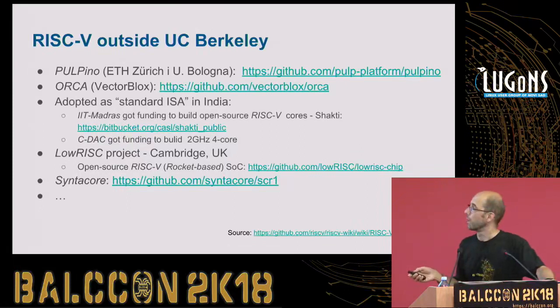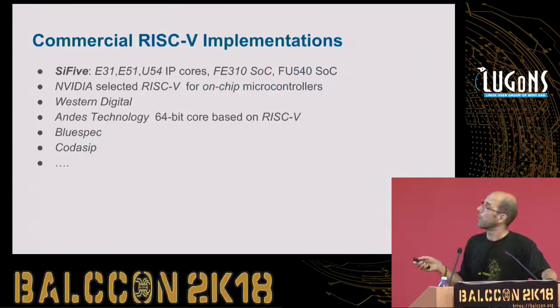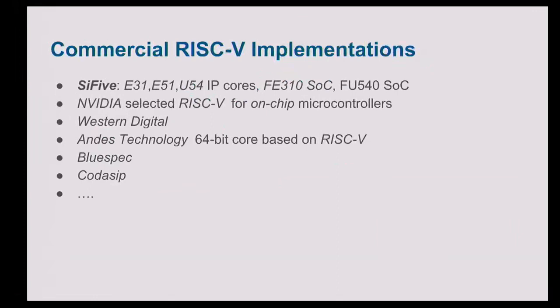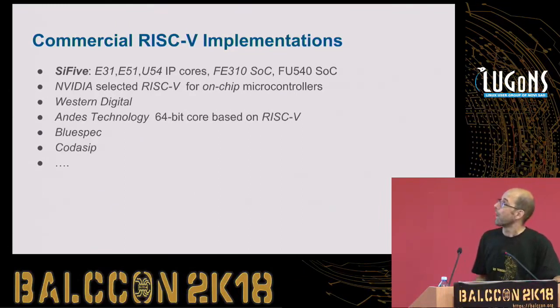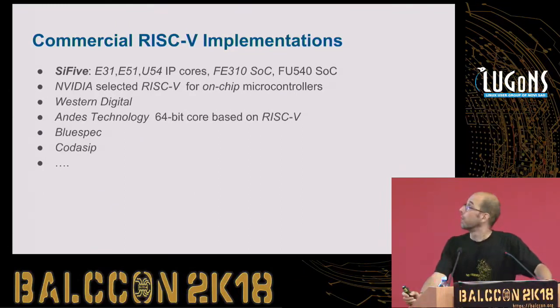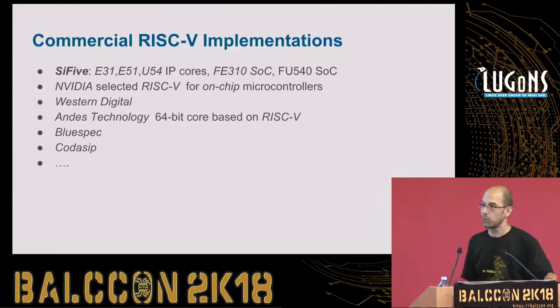And many others. Of course, there are many commercial cores already. Most of them were designed by SiFive. SiFive is a company founded by the people who designed RISC-V, and they have cores which you can use to build your own CPU.